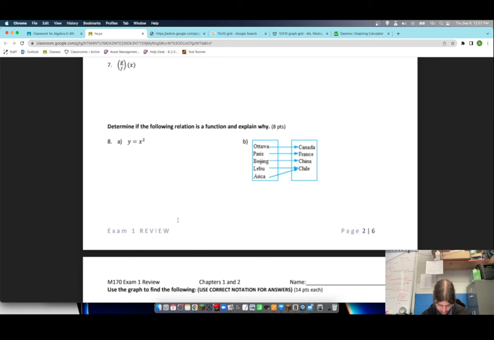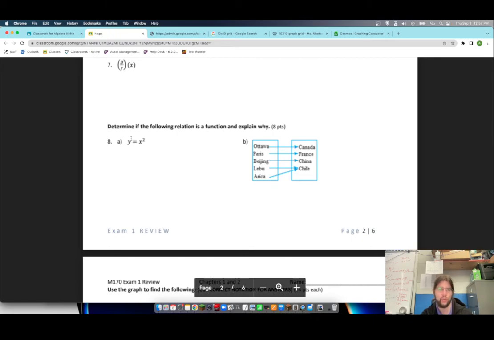And what if they weren't a function? They would put that not for every input there is one output. You'd probably give an example like if Lebu went to Chile and China, then you say Lebu has two different outputs, so it is not a function.